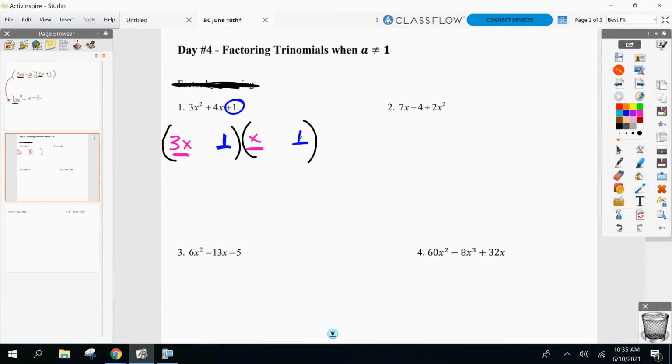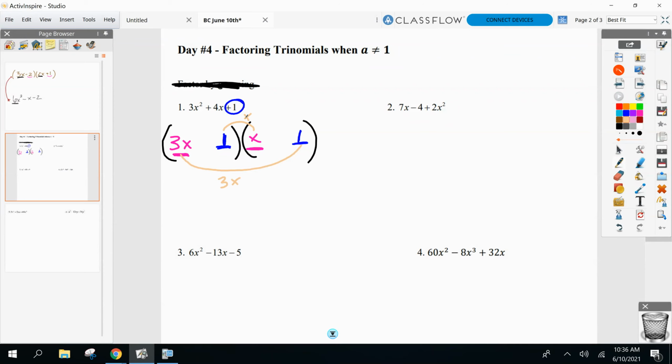Now what you got to decide is, what's my signs? All right? Now, to determine the signs, I always do outers and inners. And I'm not talking belly buttons. All right? Outers and inners. So I got my outers, which gives me what here? 3x, sorry. 3x. And my inners give me what? But my middle term's got to be 4x.